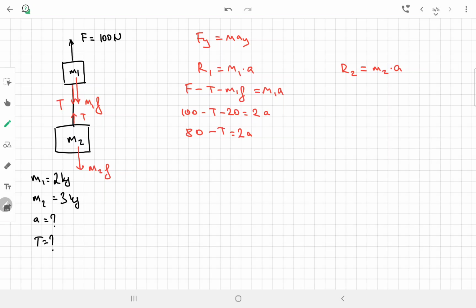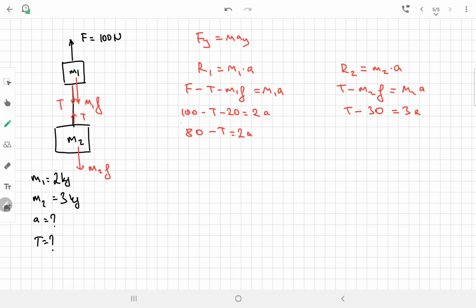If you move the first object for 1 meter, the second object also will move for 1 meter. Again, as I explained in the previous example, these two objects will have the same velocity at any time and the same acceleration. Resultant force for the second object: tension minus weight. Tension upward, weight downward, that's why minus. M2A: tension unknown, weight of the second object 30 newtons, equal to 3A.